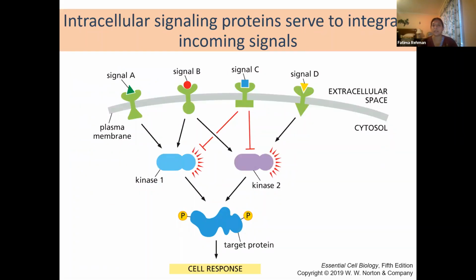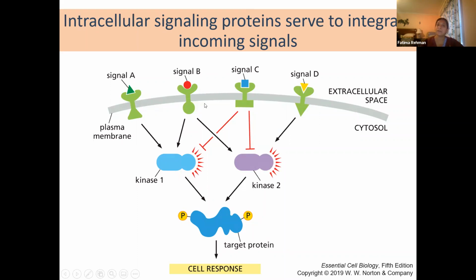So again, this is to remind you of different ways that intracellular signaling can happen from outside signals being received on the receptors. You can have a signaling pathway where the signal binds to the receptor outside, then activates a kinase, like a receptor tyrosine kinase, that will then activate other target proteins and cause a cell response.